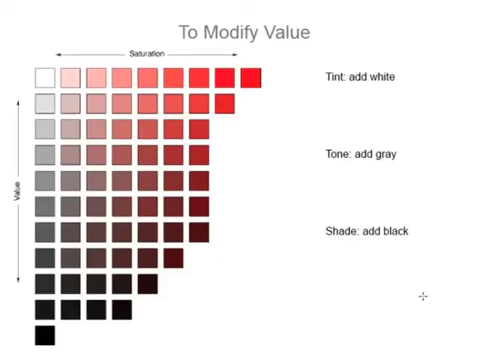Here is a value scale using red, and we can see that saturation is out here on the right hand side, and then we have white, which is high luminance, 0% value, 100% luminance, and we're adding white incrementally to the red, and we are decreasing the red's value at the same time as we discussed last week.